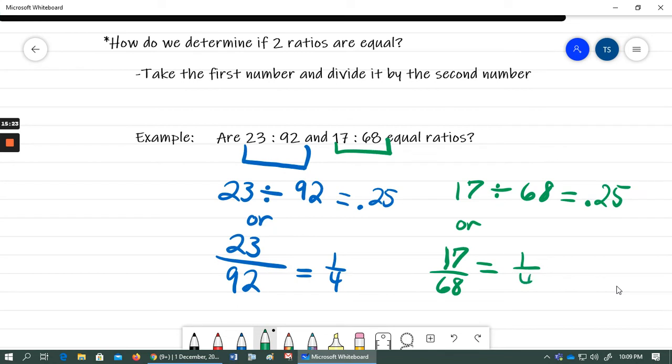So you take the first number divided by the second number, and if they have the same value, then you know that those two ratios are indeed equal.